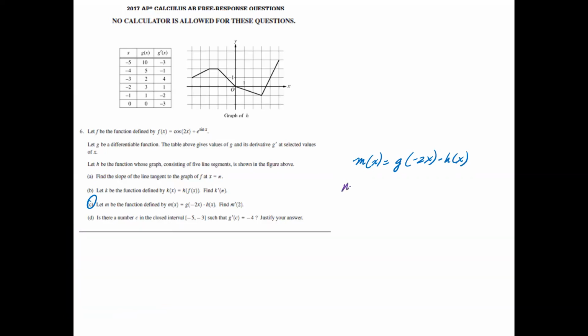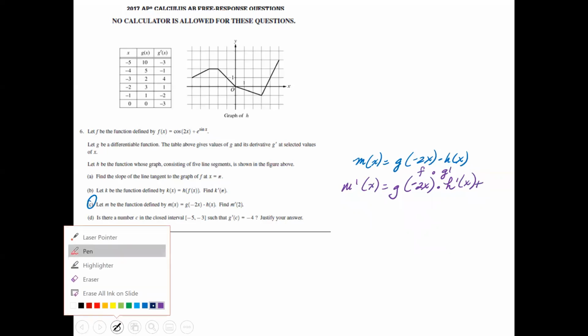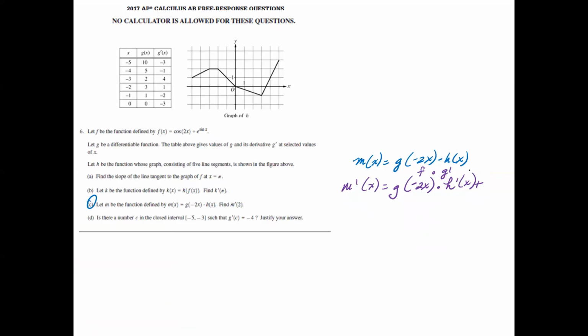So the derivative m prime of x is equal to g of negative 2x times h prime of x. And this is just the product rule of f times g prime plus f prime times g, which is going to be g prime of negative 2x times negative 2. And I actually want to rewrite this, running out of room here.